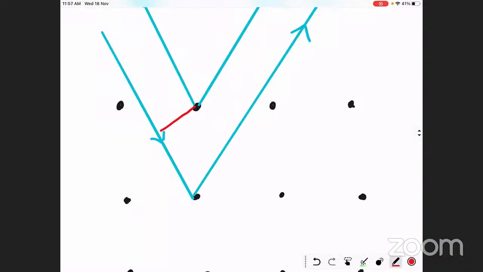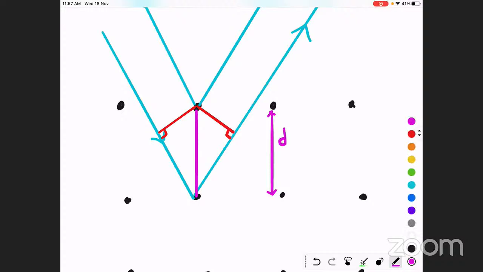Drop a perpendicular here, and drop another perpendicular here. This distance is small d, bachcho. Right?